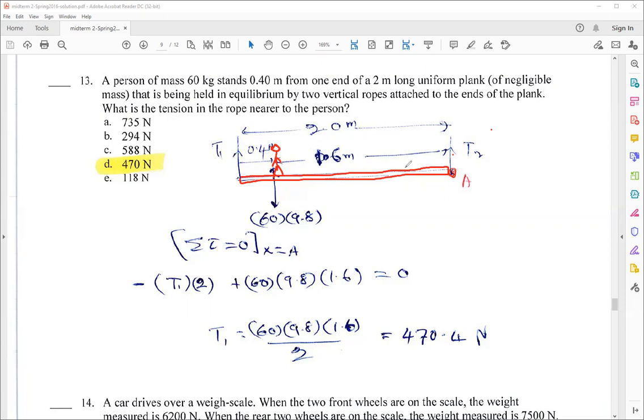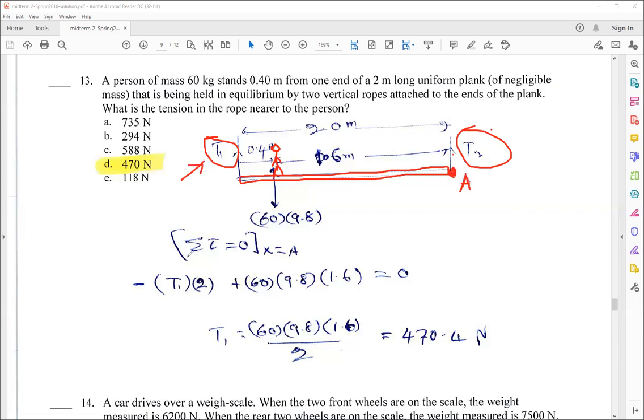Of course, for me to find the tension nearer the person, like we did in the lecture, we choose the fulcrum being on the opposite end of this plank. Why? Because in this case I can eliminate tension 2, but I can still have access to tension 1.